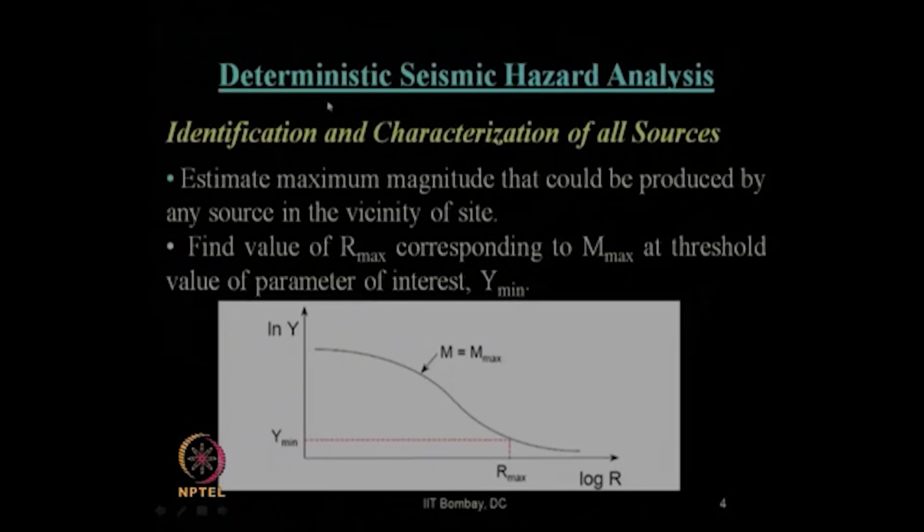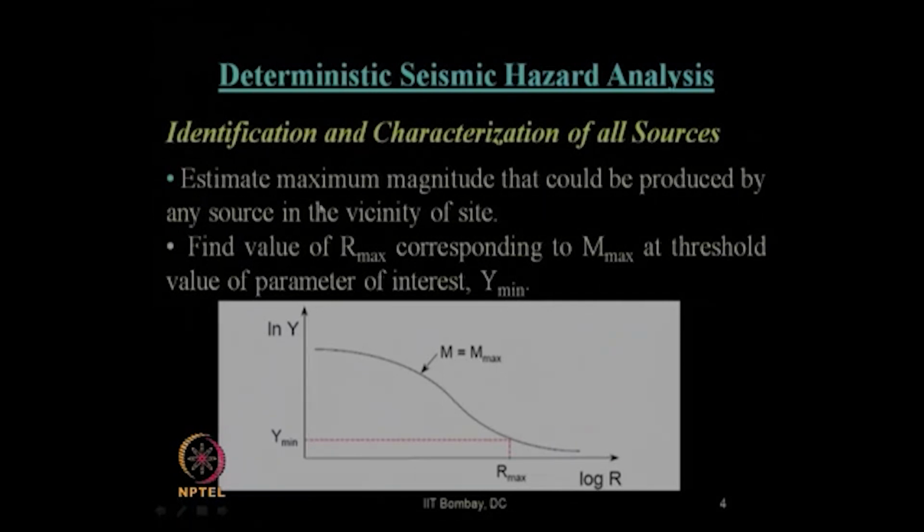So, for doing the DSHA, the first step is to identify and characterize all sources involved for a corresponding site where we want to find out the seismic hazard deterministically.